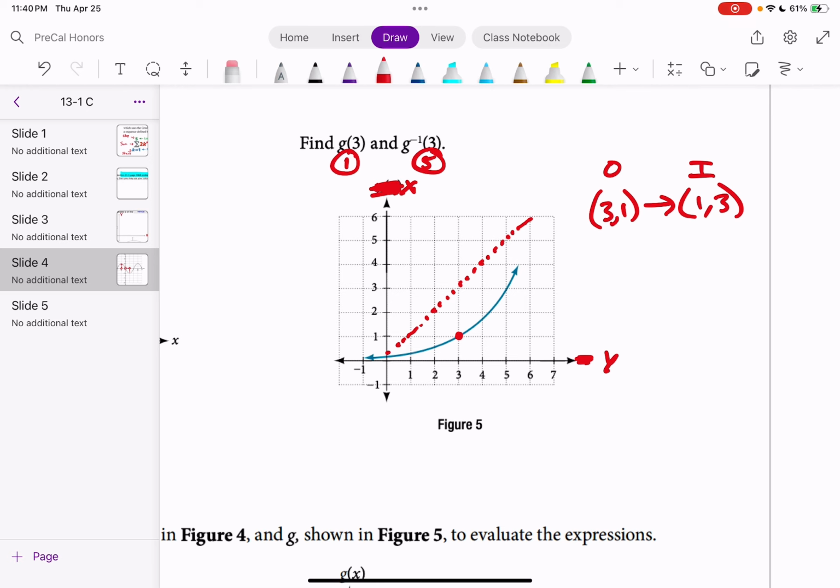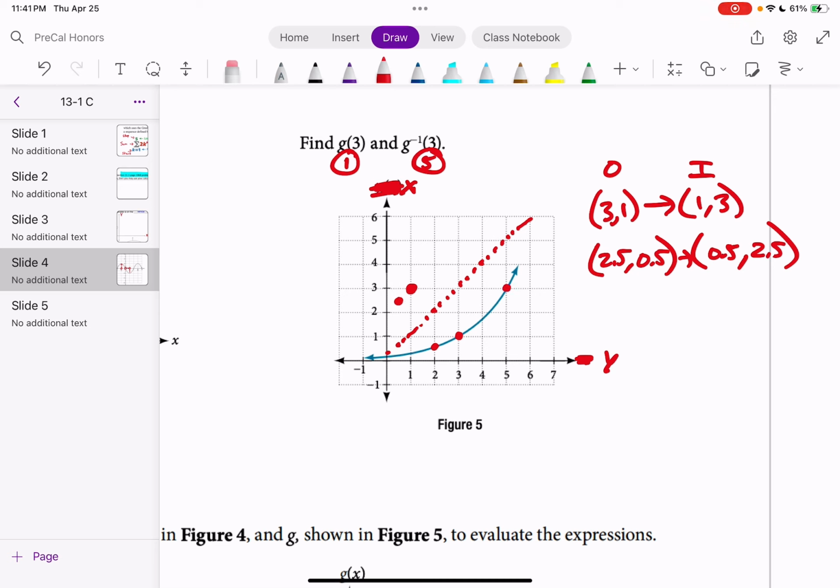Let's try another one. We can even go with 2.5 comma 0.5, and that's going to go to 0.5 comma 2.5. Now notice in this case, 1, 3 from the original problem, and 0.5 to 2.5 would give us right there.